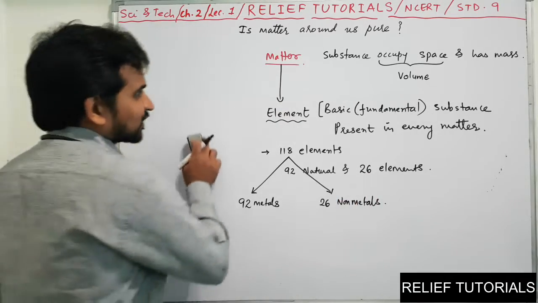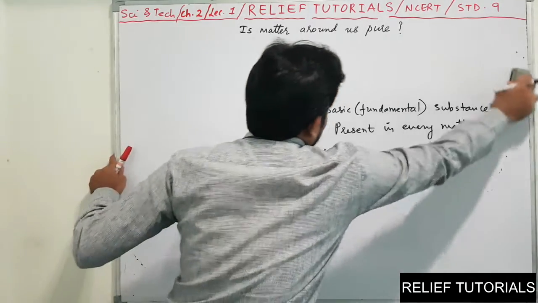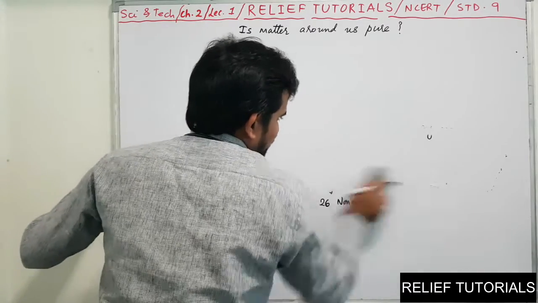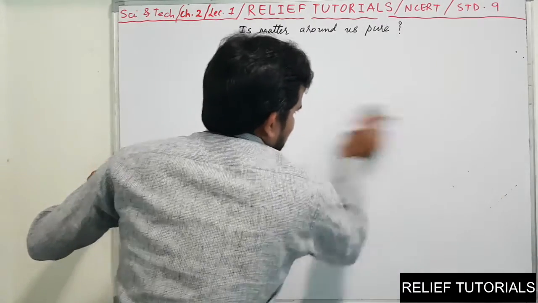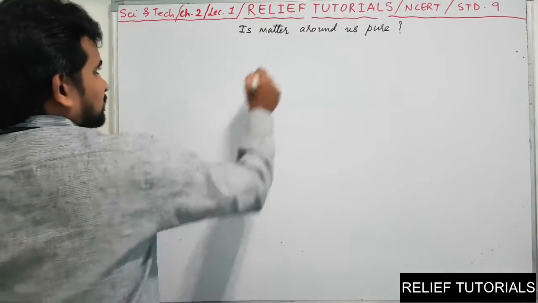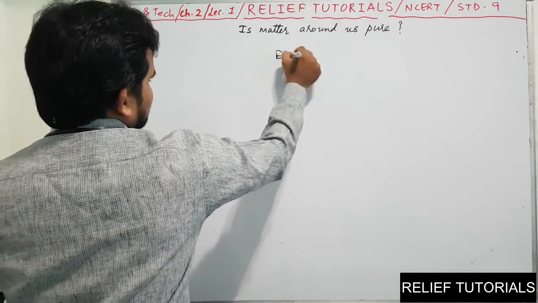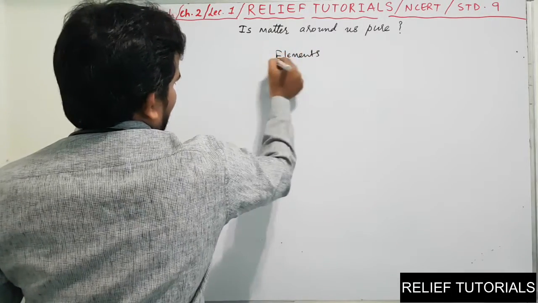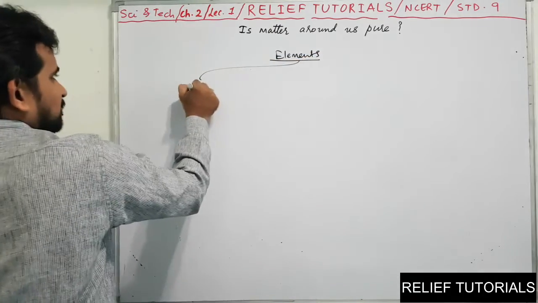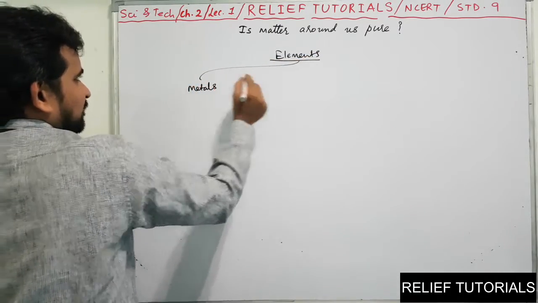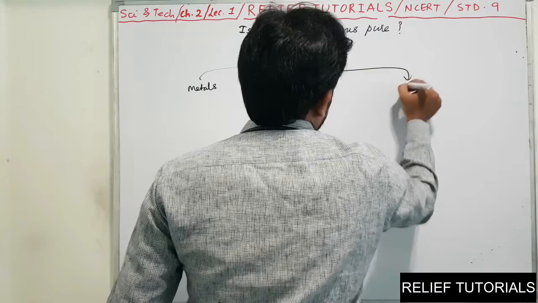So element can be classified by two ways: metals and non-metals.